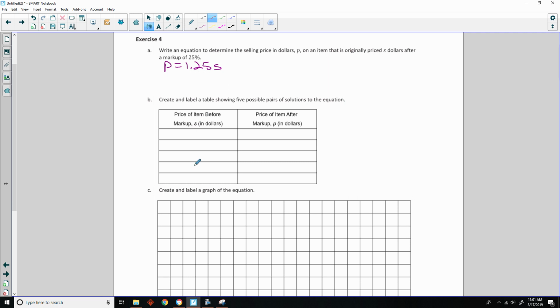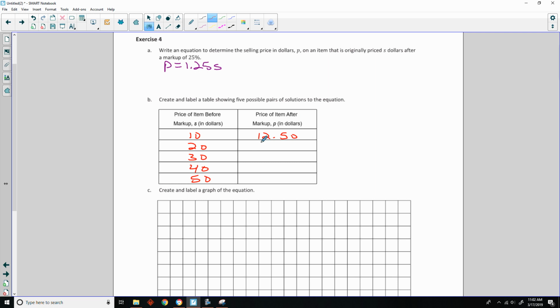S is my independent variable, on the left, and I substitute values in. If I put a 10 here, then it's 1.25 times 10, which just moves the decimal one place to the right, so $12.50. Then I add 10 to each: 10, 20, 30, 40, and 50.